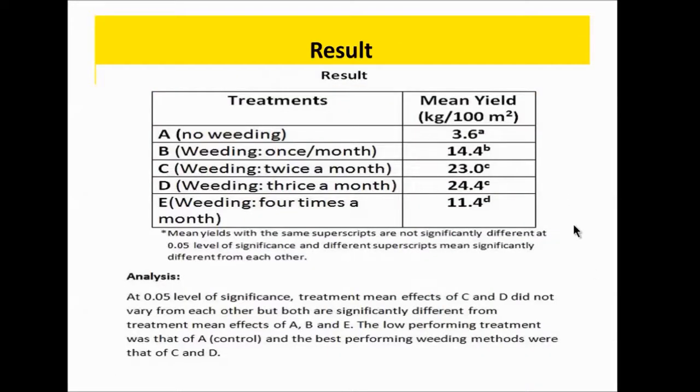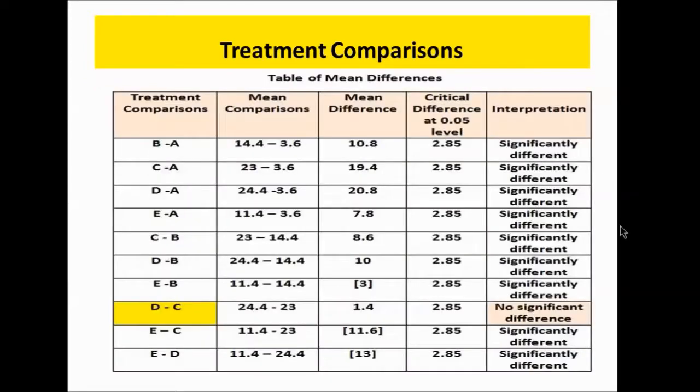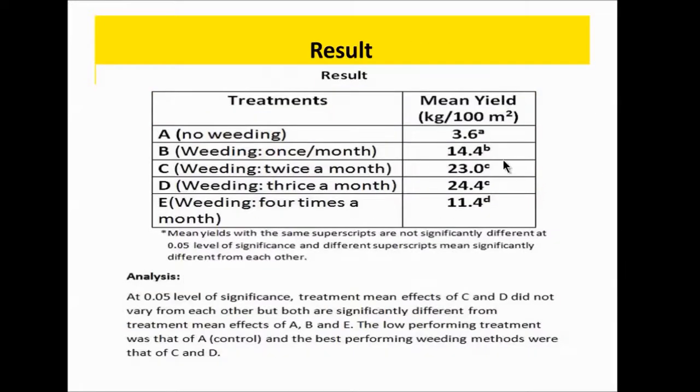So when we write the result, we tabulate it with a summary of the treatments and the mean yield. By the way, this is 10.0, not 100. So by comparing from the previous table, we designate superscripts to indicate the significant or non-significant differences.